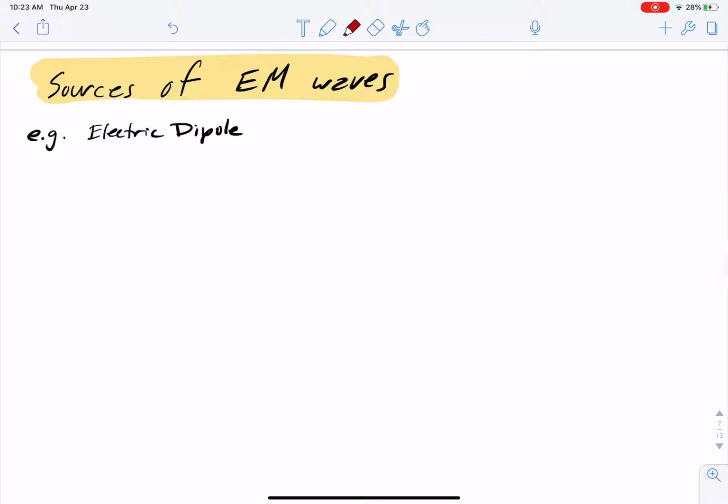So let's talk quickly about how we get these waves going in the first place. Maybe one of the simplest ones is you just imagine a dipole. But there's a current running here that's increasing that charge difference from the ends.